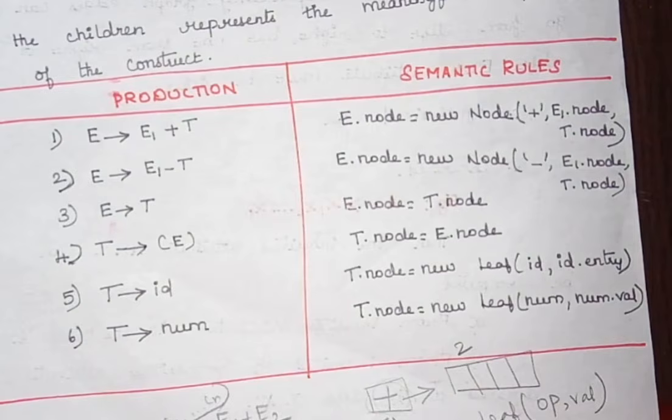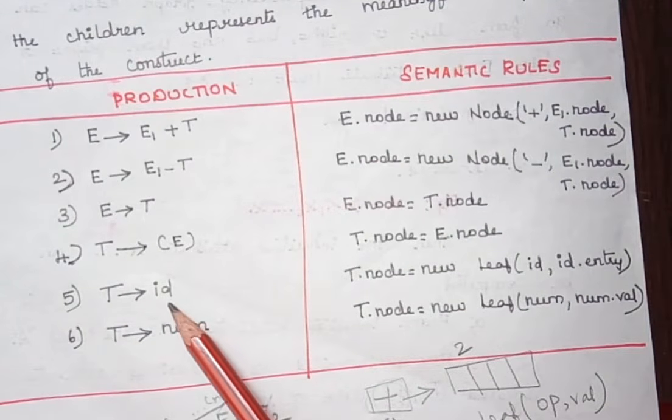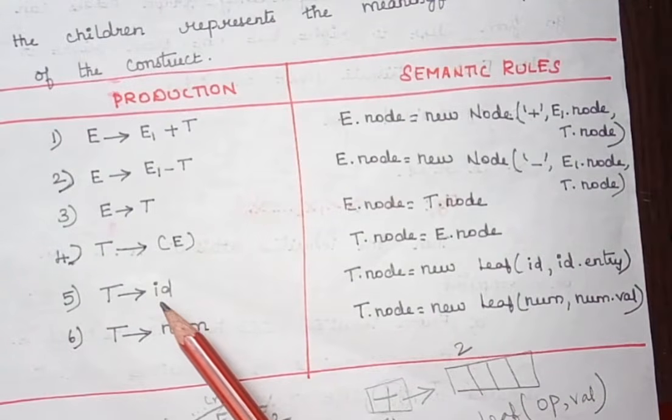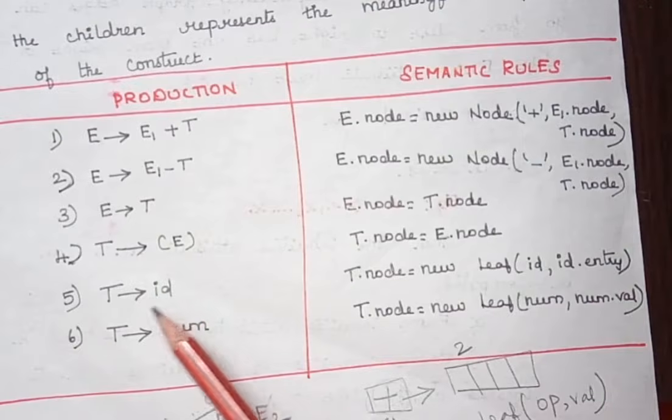Then coming to production 5. In production 5, we have a single terminal symbol at the right hand side. ID is a terminal symbol, which is present at the right hand side of the production. Since this is the terminal symbol, always the terminals will be present at the leaf of a tree, right?